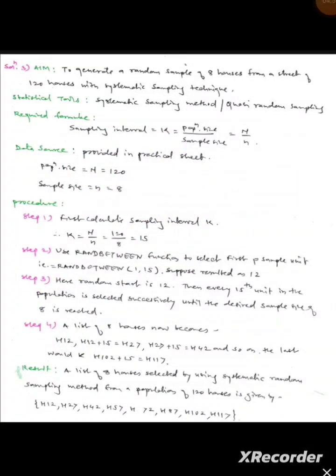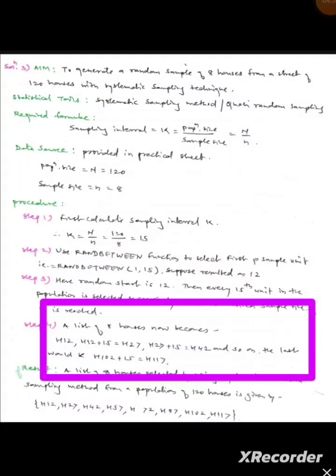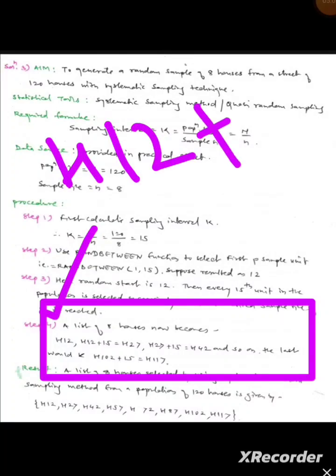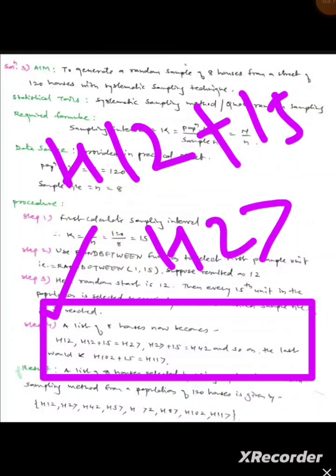So here is the list that I have obtained. What is this list? A list of 8 houses. The first value is 12, H12. H12 plus 15 comes out to be H27, so H27 would be my second sample.